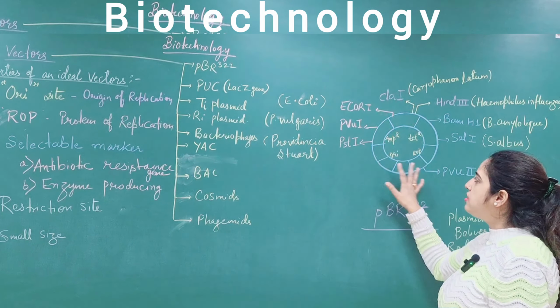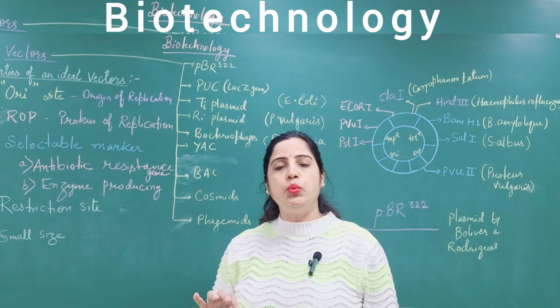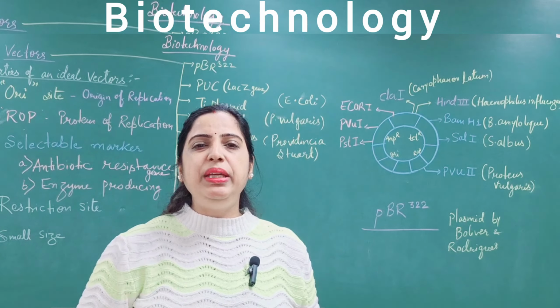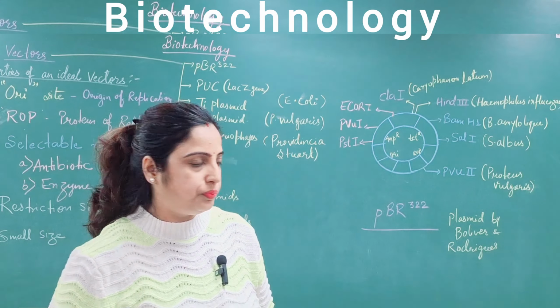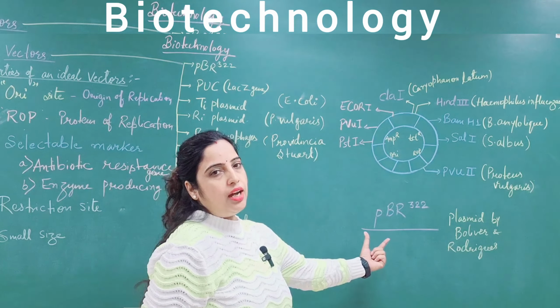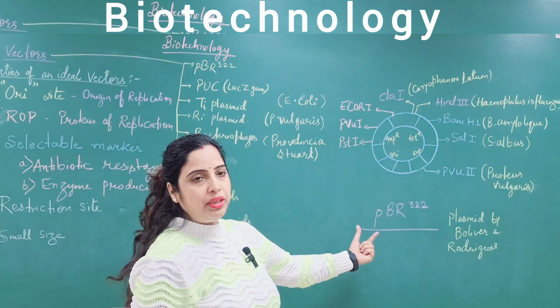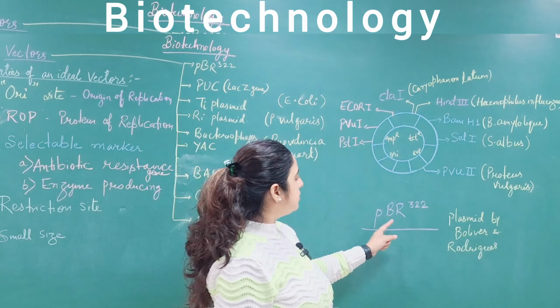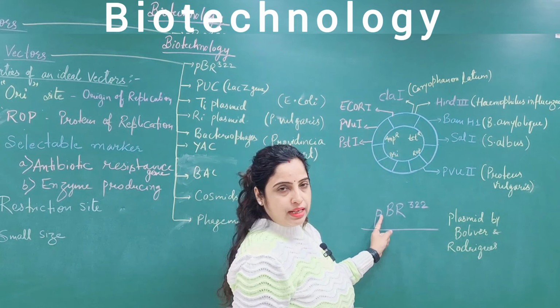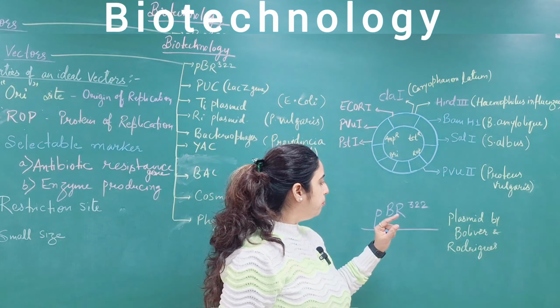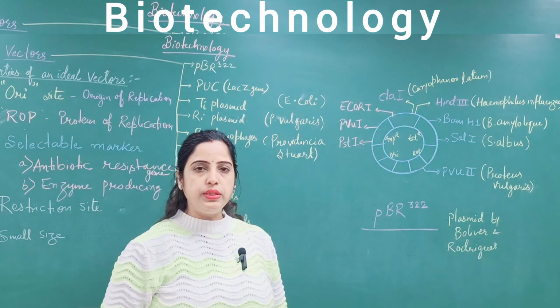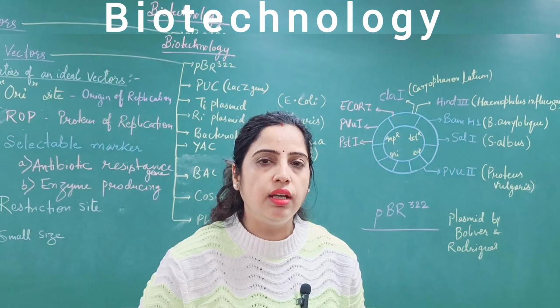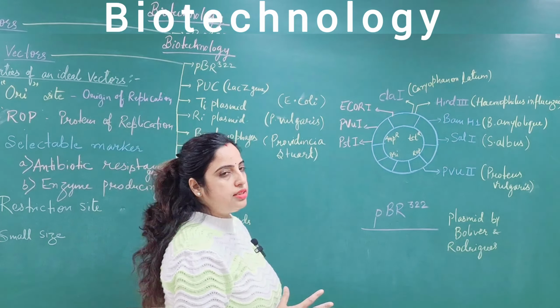This is the first artificially designed vector, that is pBR322. The nomenclature goes like this: p is for plasmid, B is for Bolivar and R for Rodriguez. These were the two scientists who designed this plasmid.